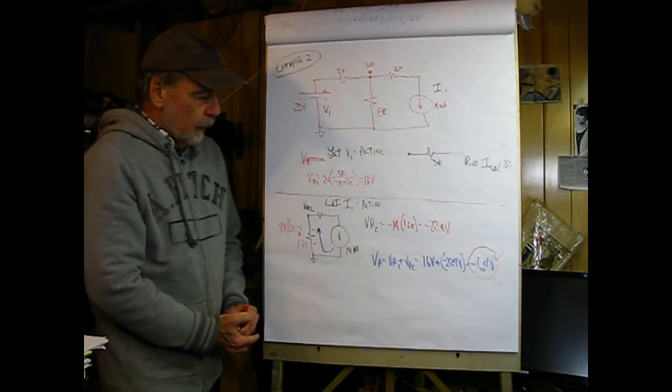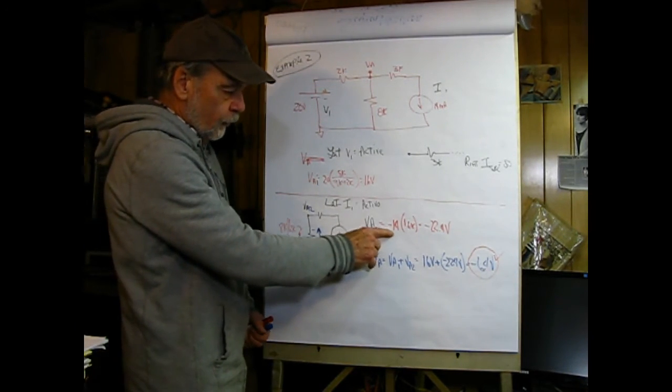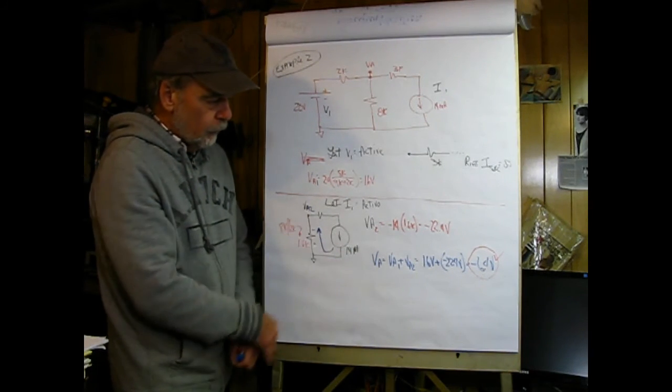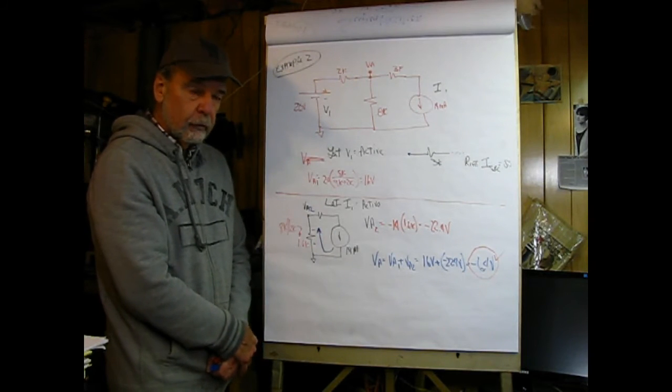Working that out, I get 14 milliamperes times 1.6K, and that yields a negative 22.4 volts.